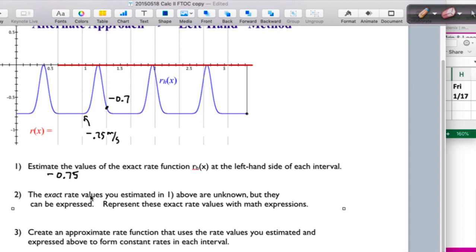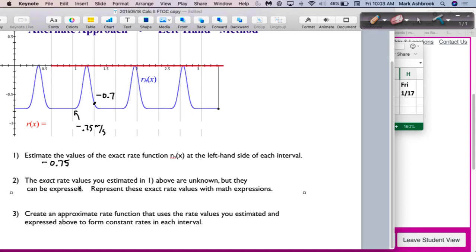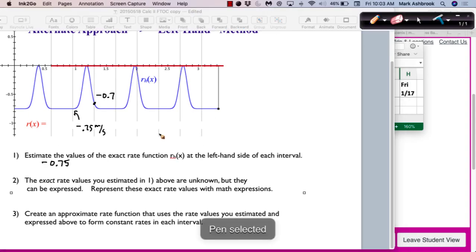He wants r sub h of 0.6. Does that give us the value of the function at 0.6? Exactly. So that first negative 0.75 that we estimated was for this point here. The exact value of that is r sub h of 0.6.